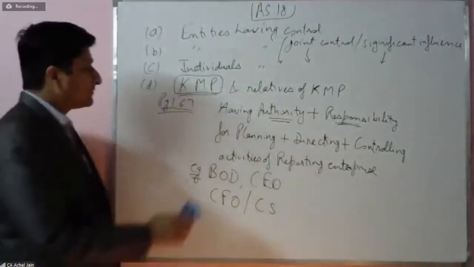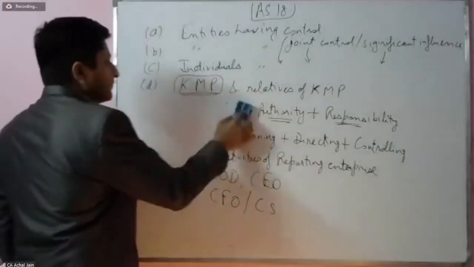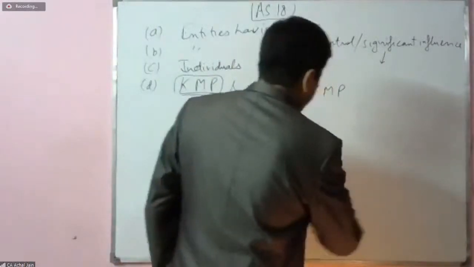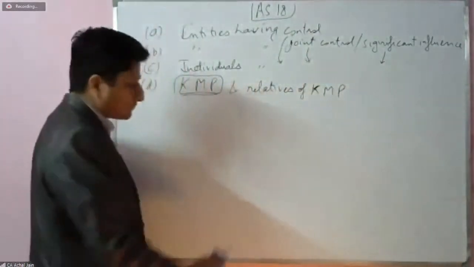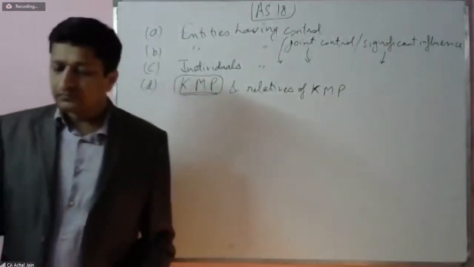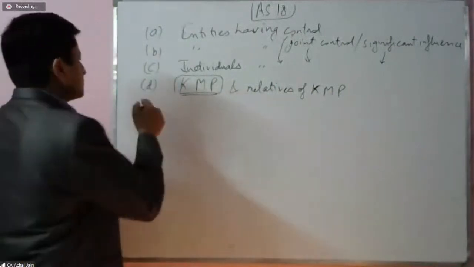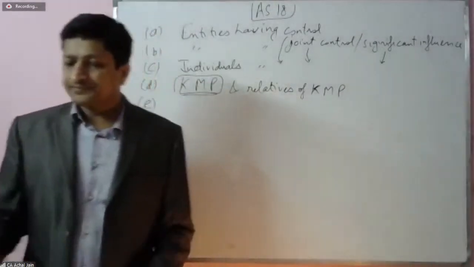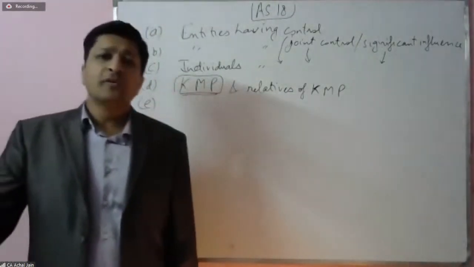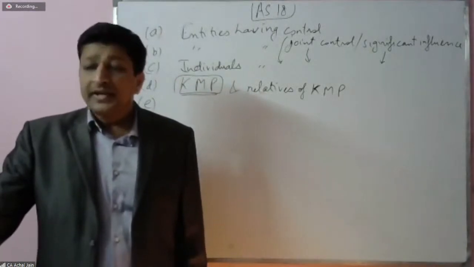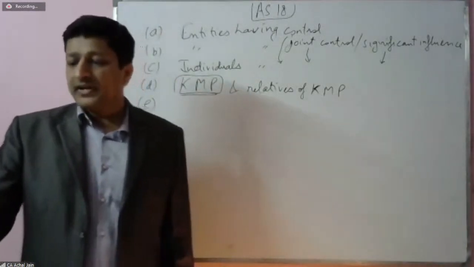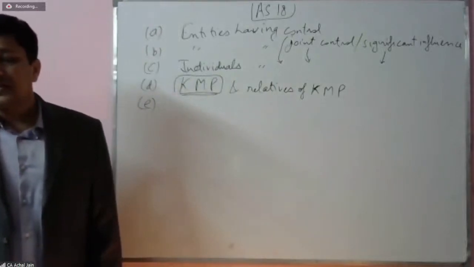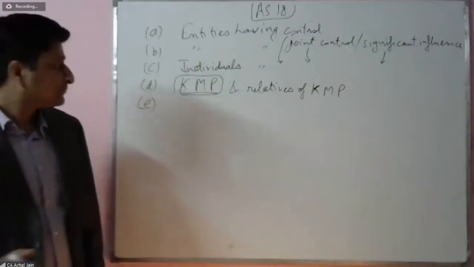Now moving further, the next type of related party relationship, E: enterprises over which any person described in C or D is able to exercise significant influence.